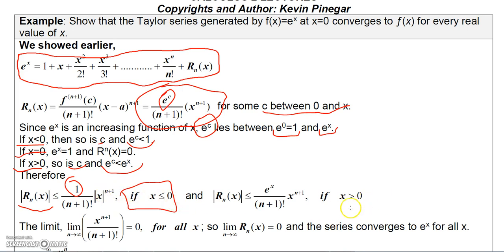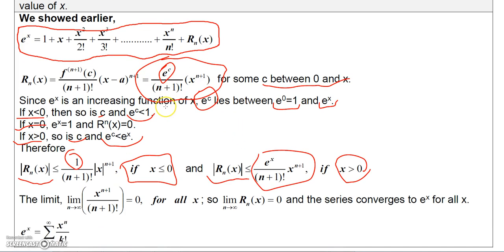Now, if x is greater than 0, okay, then we need to leave the e to the x in here, and the remainder would be less than or equal to the term as it's written up here with the x in there.